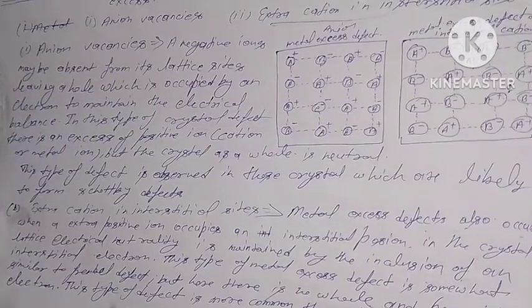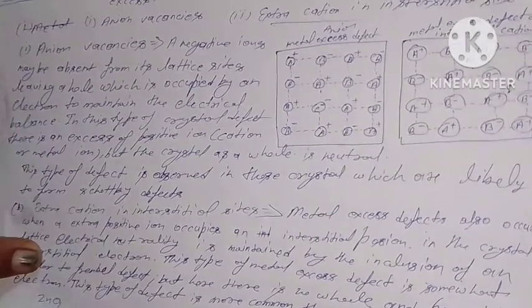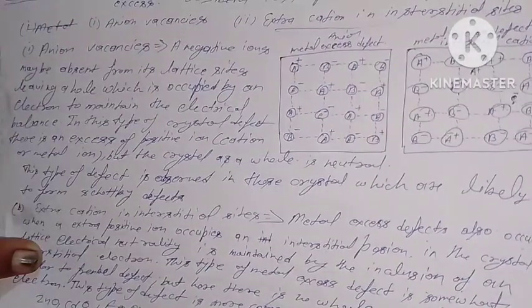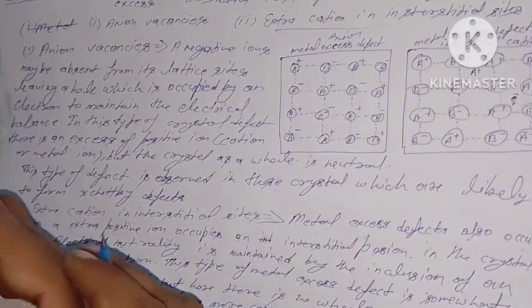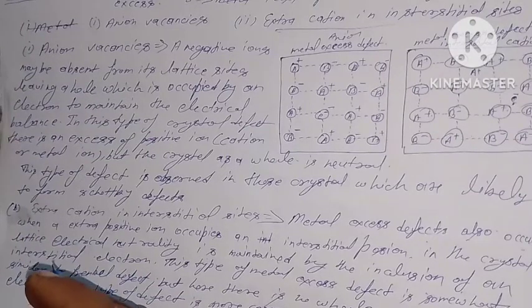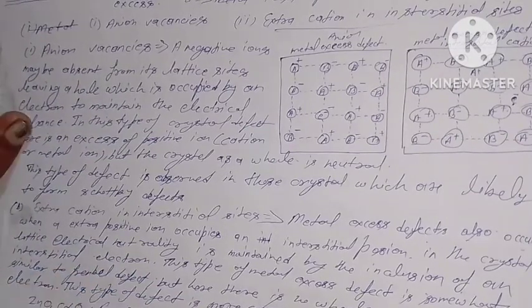For example, ZnO, CdO, Fe2O3, etc. ZnO is white when cold but yellow when hot due to this type of defect.